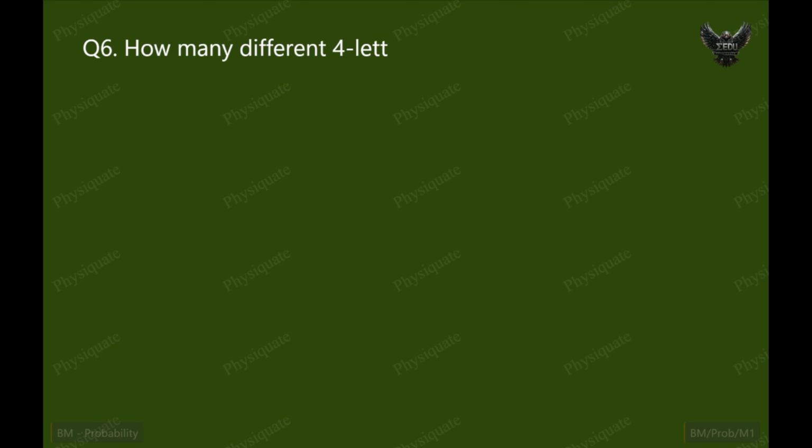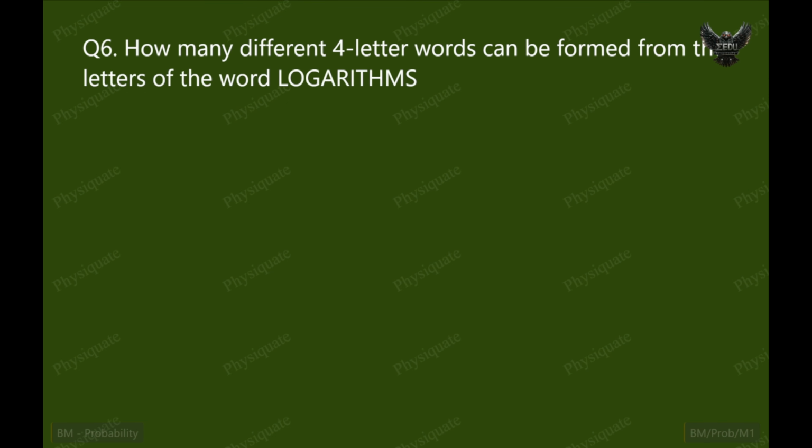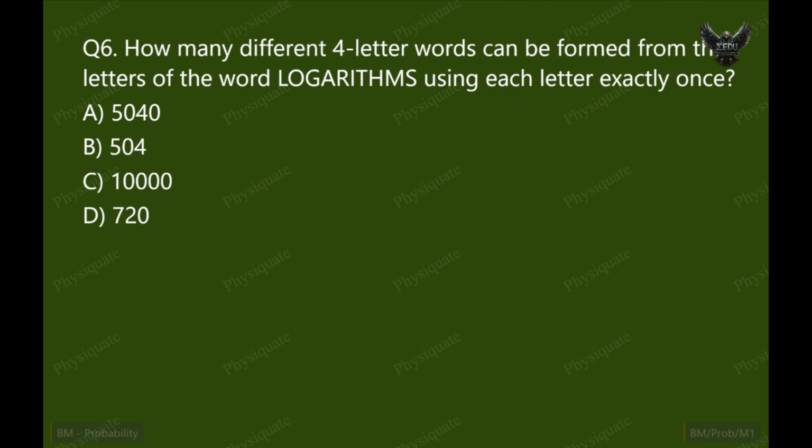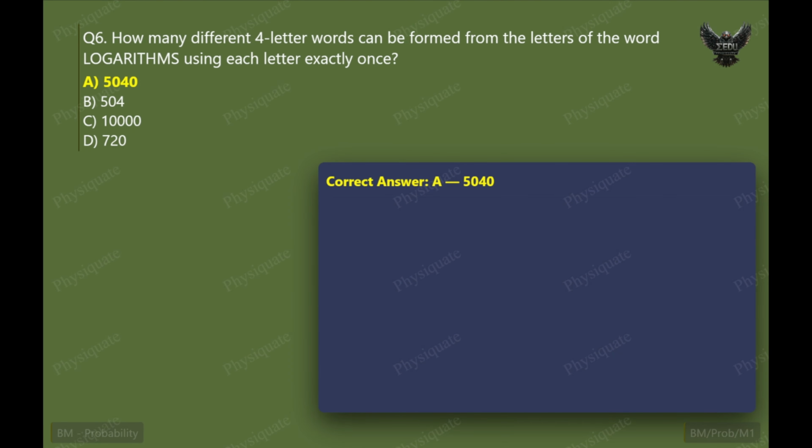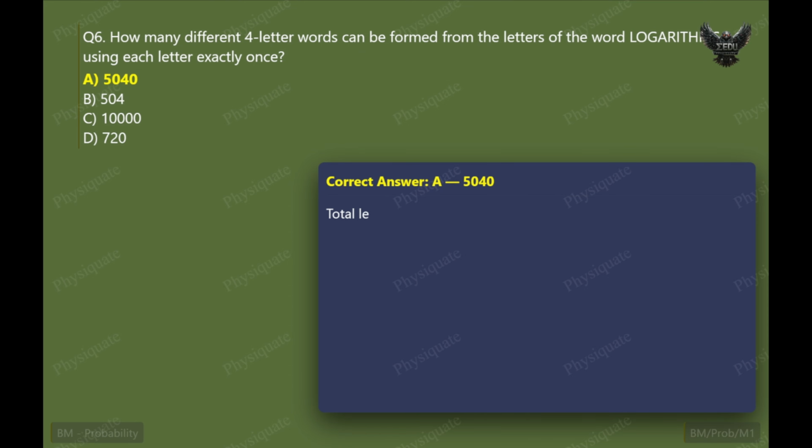Question 6. How many different 4-letter words can be formed from the letters of the word LOGARITHMS using each letter exactly once? Correct answer is option A. Total letters in the word LOGARITHMS equals 10. All letters are distinct and each letter is used at most once.